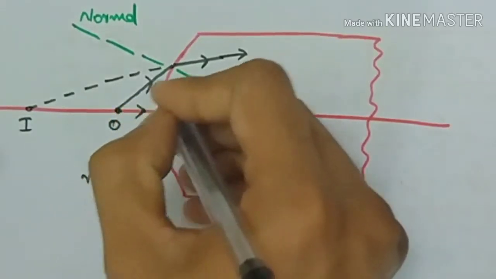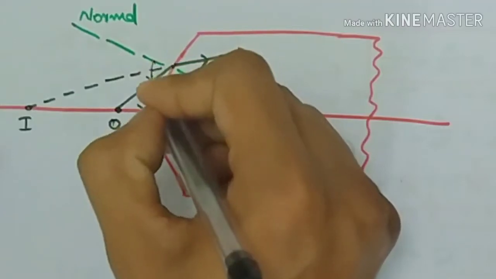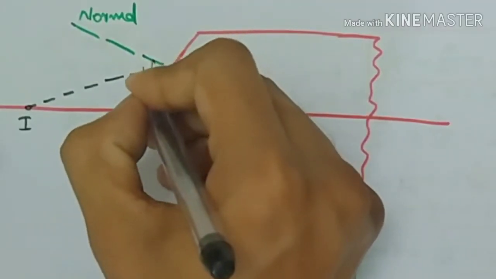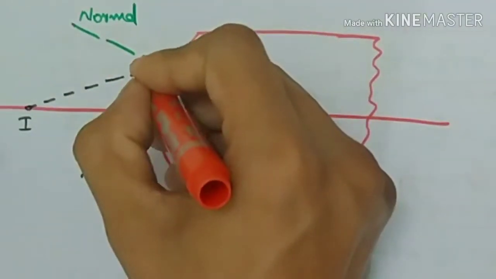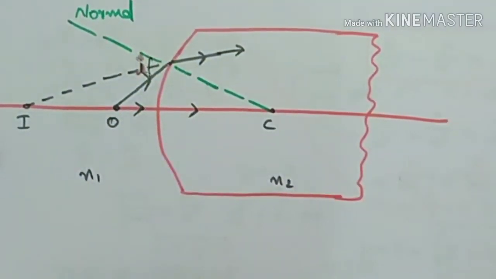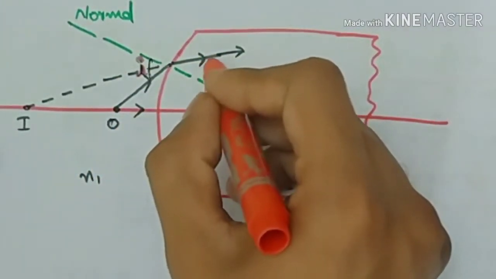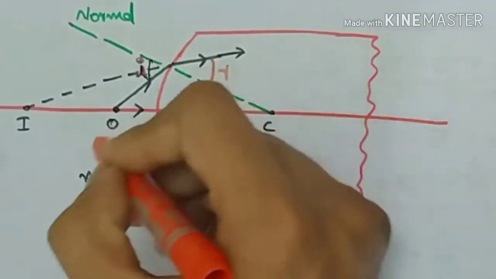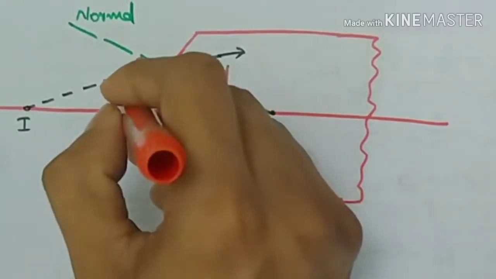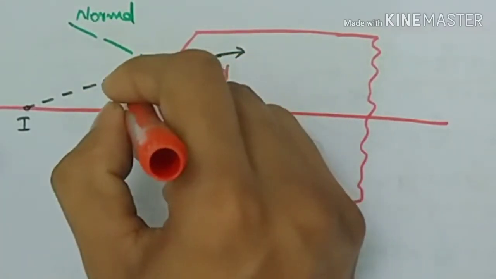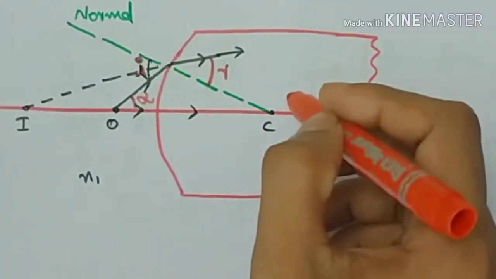The angle between the incident ray and the normal is our angle of incidence, I, and the angle between the refracted ray and the normal is the angle of refraction, R. The angle between the principal axis and the incident ray is called alpha, as in our previous diagram.